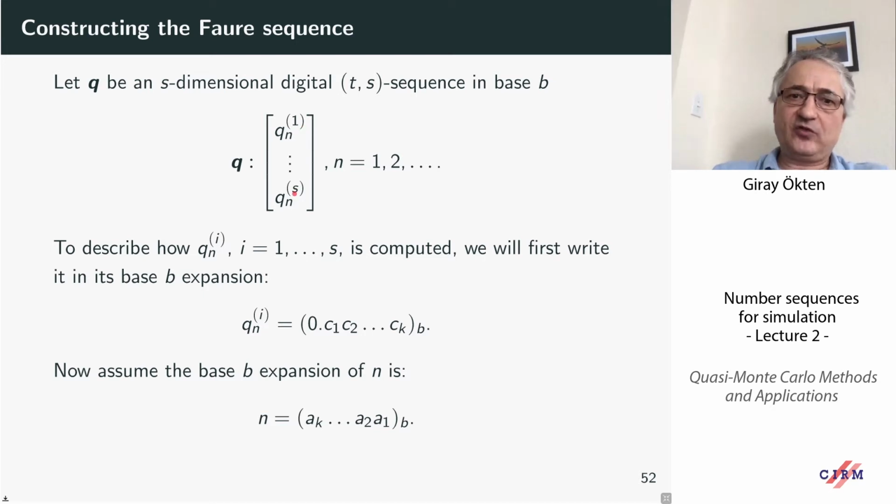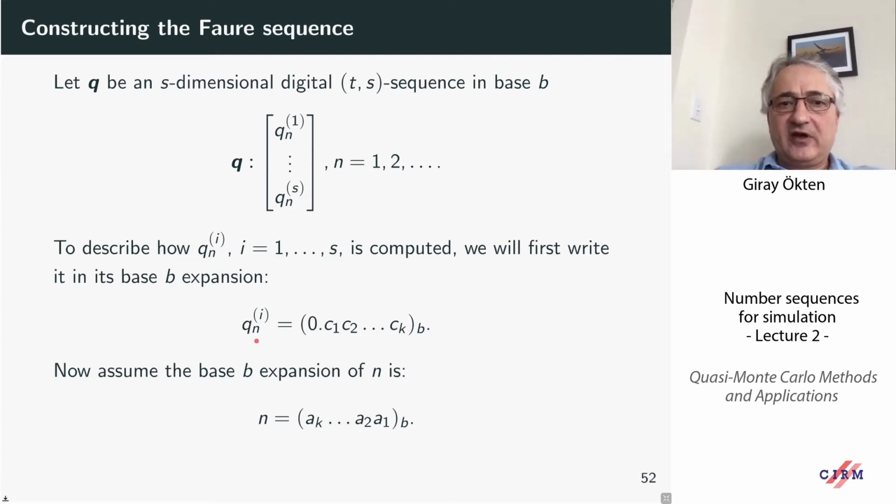And it's a vector of S components, as you see. The components are in the superscripts, and as n goes 1 to infinity. So I want to tell you how Q is obtained. I want to tell you how this vector is obtained. And in particular, I should explain how the ith component vector, Qn superscript I, is computed.